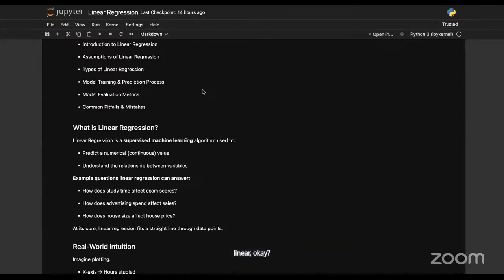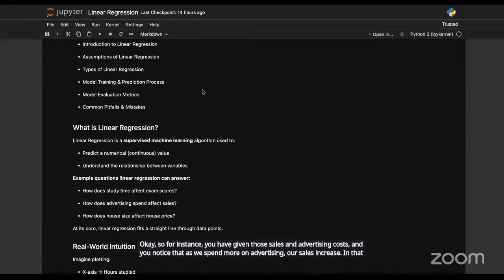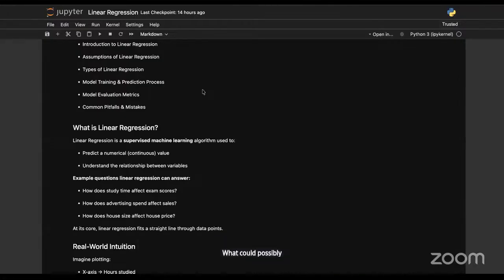Another example is how advertising spend affects sales. For instance, you are given sales and advertising costs, and you notice that as we spend more on advertising, our sales increase. In that case, we could ask what could possibly happen next month if we spend 300 more than we did last month.